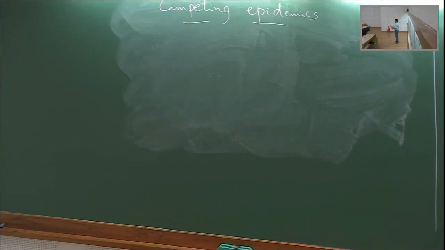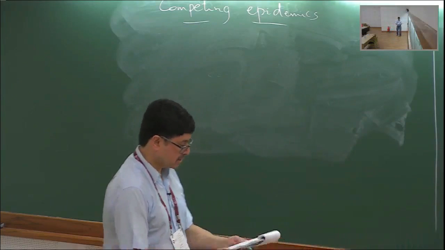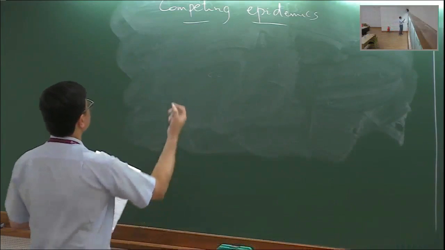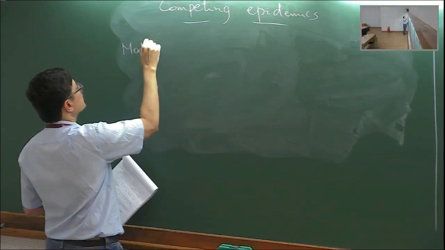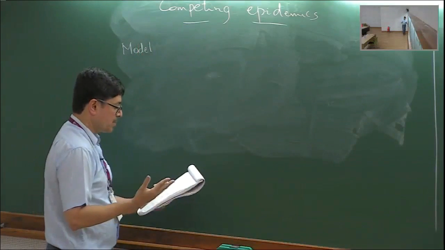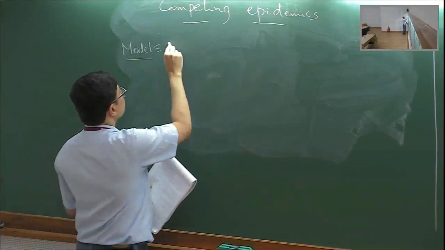So if you're thinking of spread of opinions, or applications in marketing, then you may have two or more products competing, and you want to make sure that your product gets to most of the consumers, let's say. And so the model is the following. There are a few papers on these models.